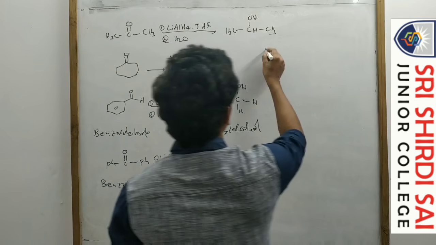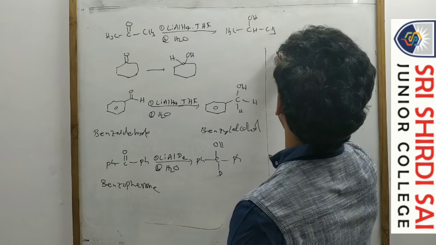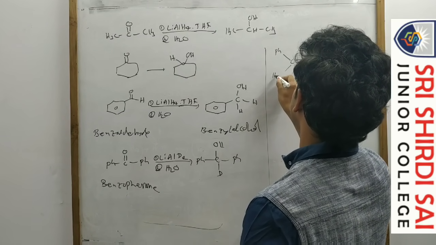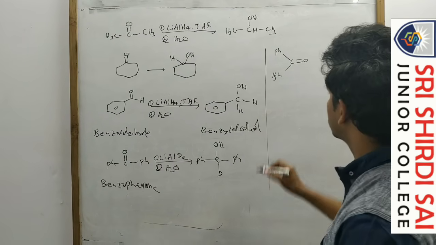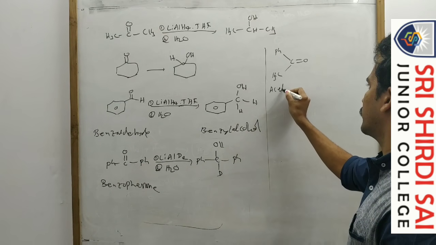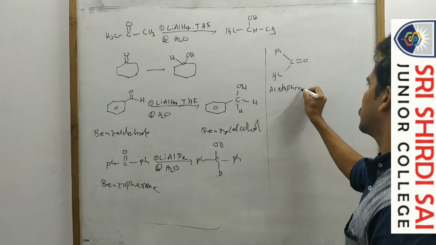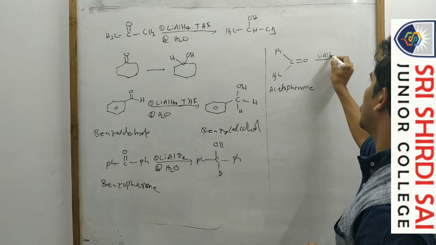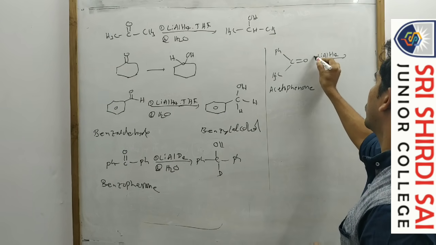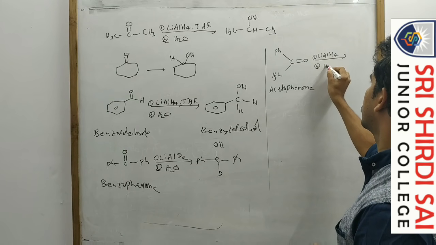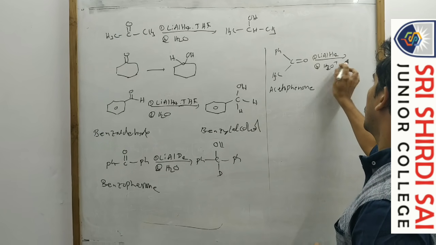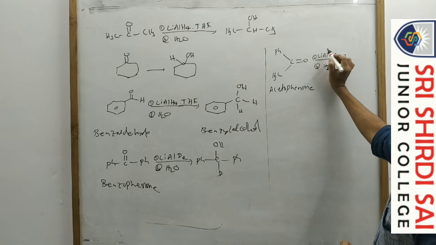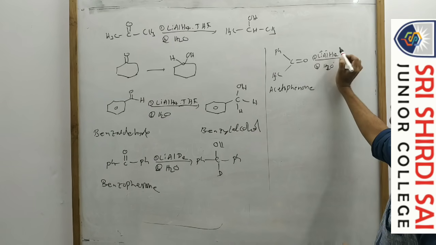Okay, now one more point. Suppose this is Ph, double bond O, and CH3. This compound's name is acetophenone. Now this one with LiAlH4 followed by hydrolysis. Here Li plus, AlH4 minus.